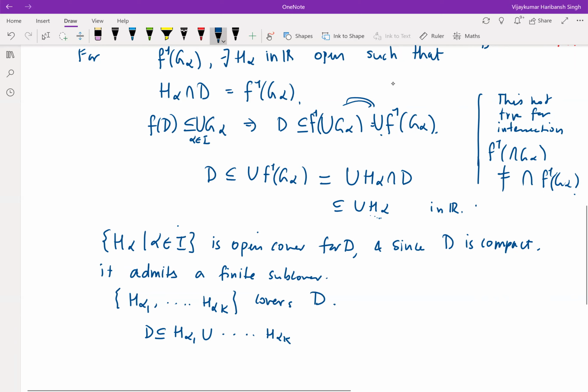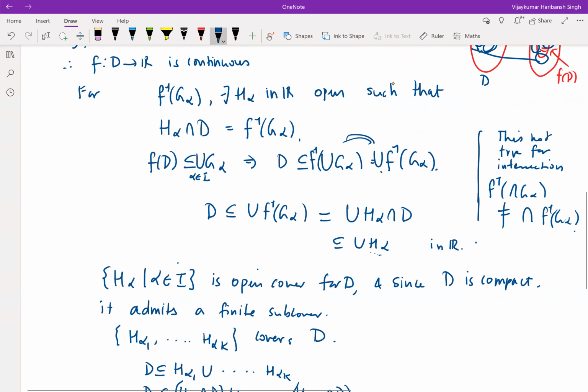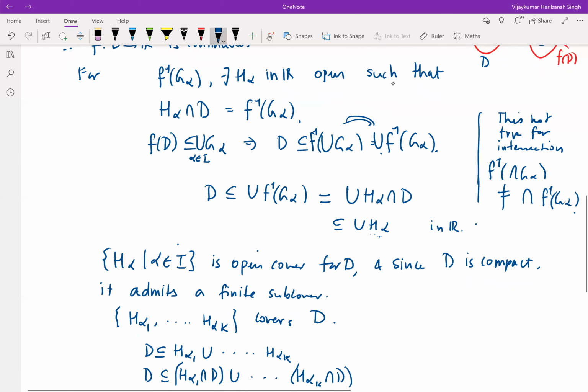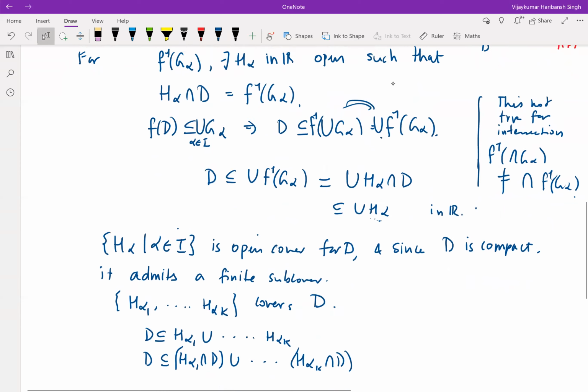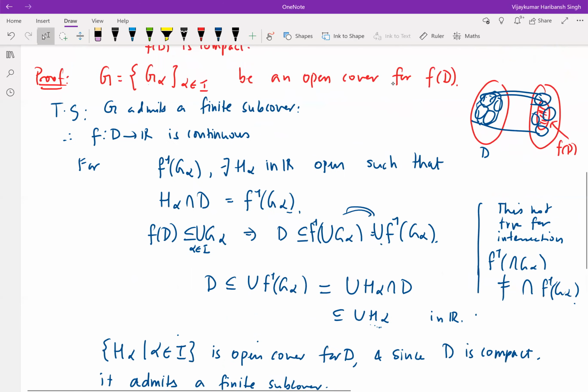Take intersection with D on both sides. So this is going to be H alpha 1 intersection D union through H alpha k intersection D, right? Because I want to basically get back to f of D, and that I can only get through H alpha i intersection D. That's the connection here.